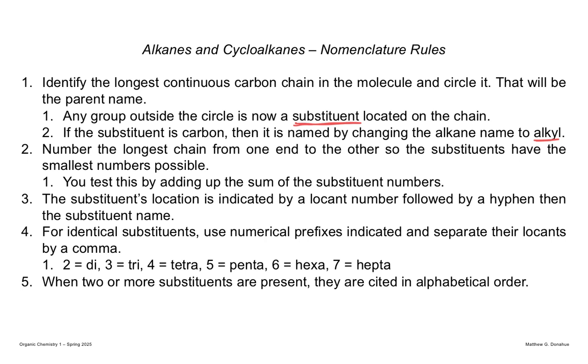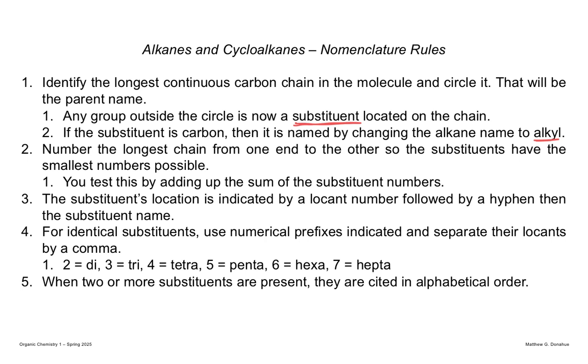So you do that, then you have to number the chain in a certain way so that the sum of all the numbers in the name is the lowest it can be. And then there are other grammatical things like hyphens and commas, which we'll explain as we do some problems. Sometimes you'll run into identical substituents, and then we have to specify that in a certain way.